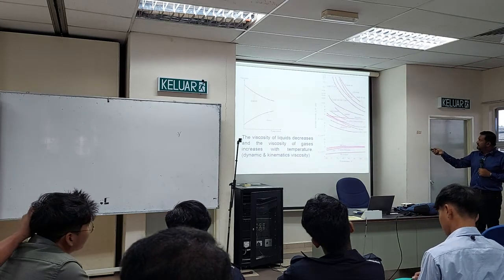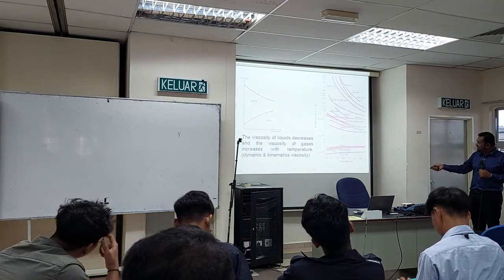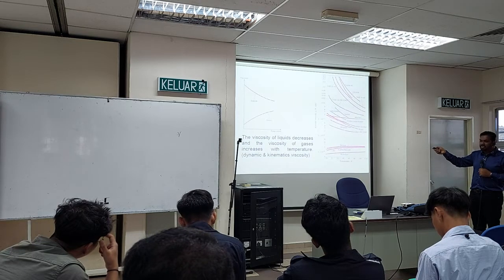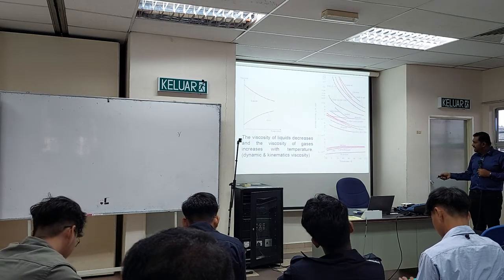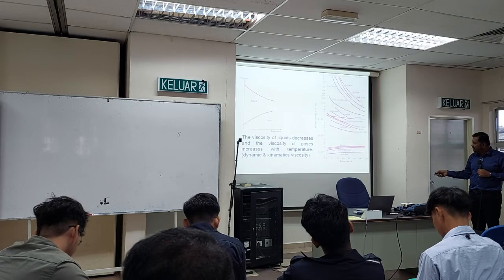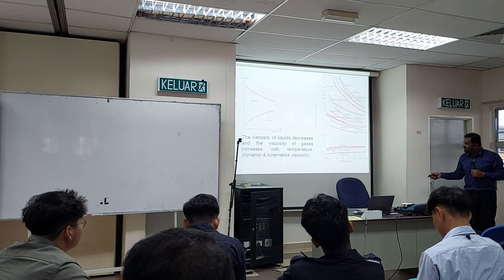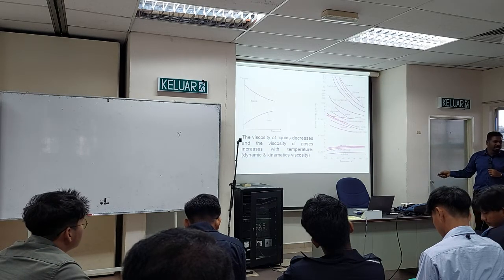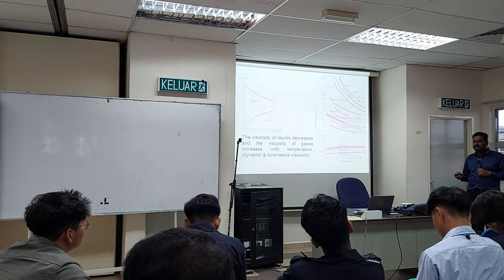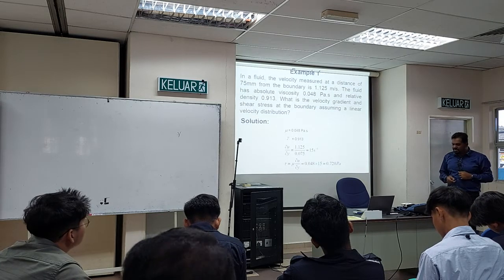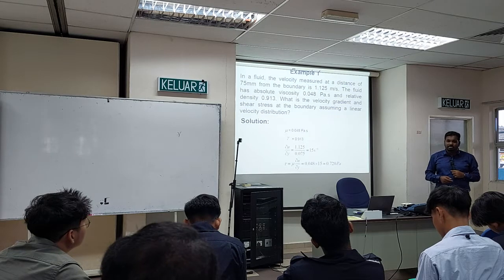Okay, so you can see the graph as the temperature increase, so the graph is going down. Tapi untuk gas, tengok helium, carbon dioxide, air, hydrogen, dia meningkat walaupun tak banyak, but it's increasing. Okay, so ini adalah some contoh.